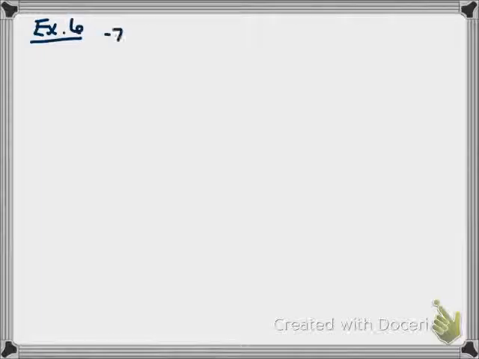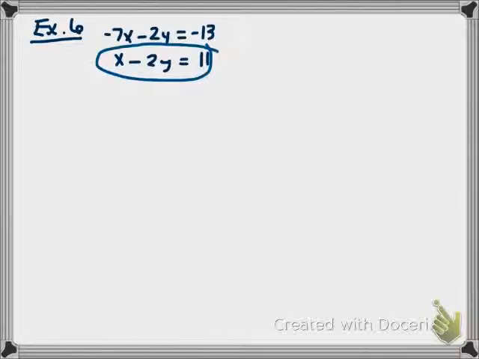So the last example is this one. Negative 7x minus 2y equals negative 13. X minus 2y is equal to 11.